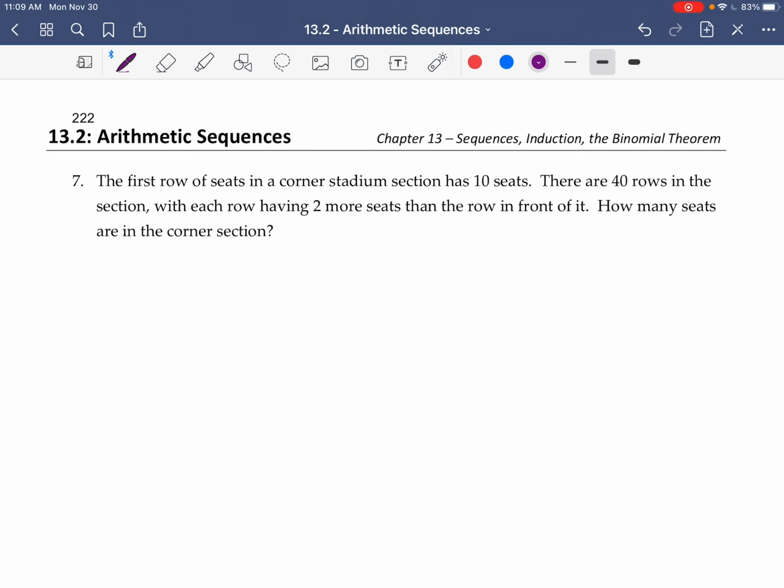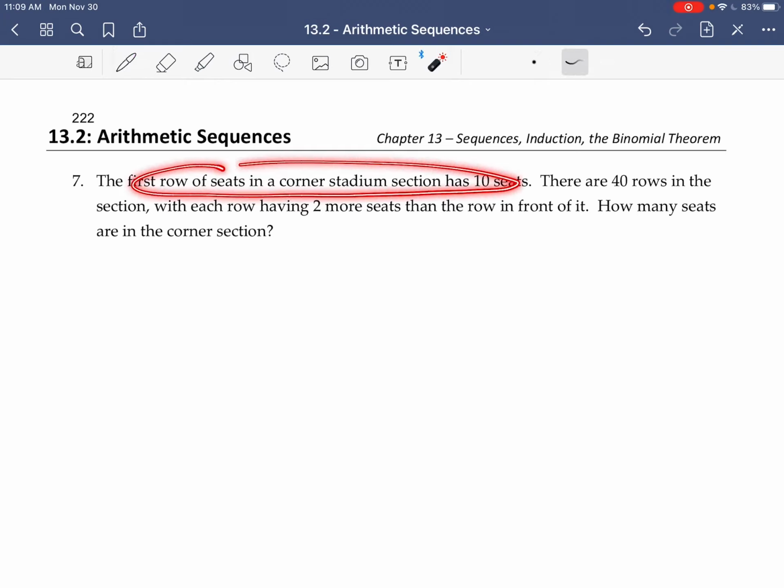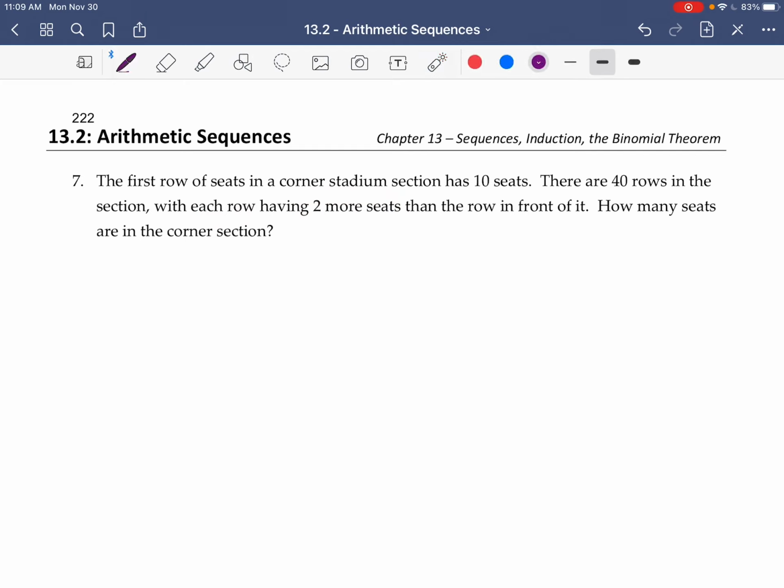So it says the first row in a corner stadium section has 10 seats. So the first row has 10 seats, but we're in a corner. There are 40 rows in this section, and each row has 2 more seats than the row in front of it. So let's call the number of seats in the first row a_1.